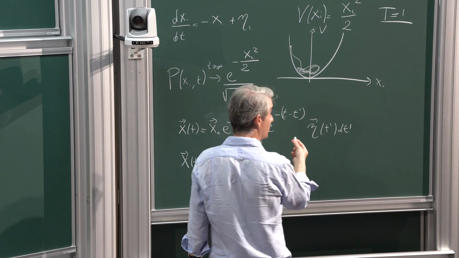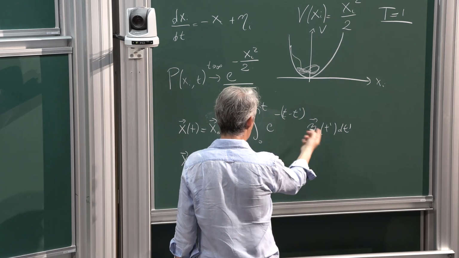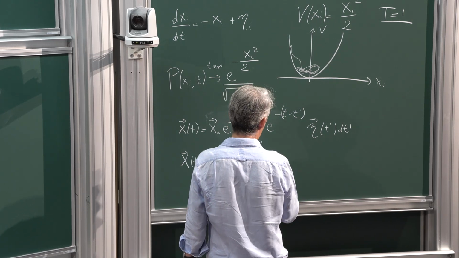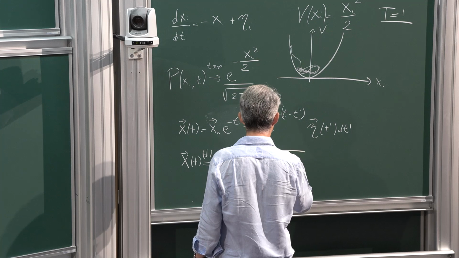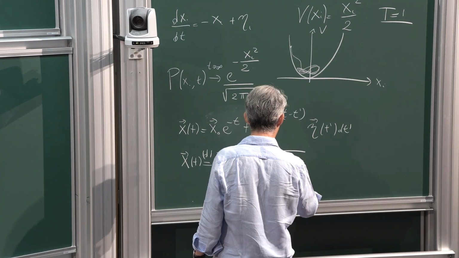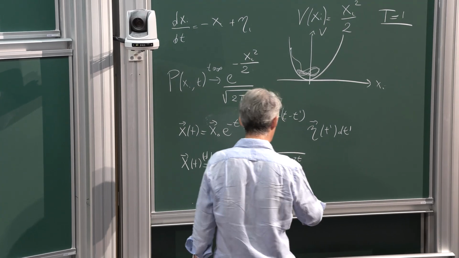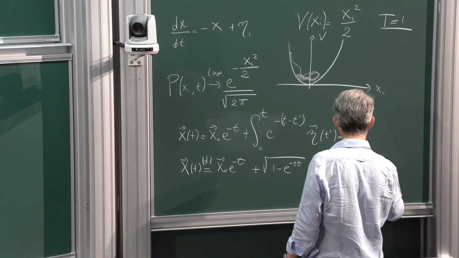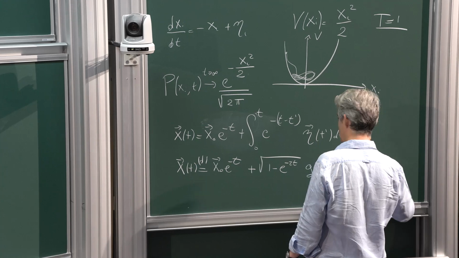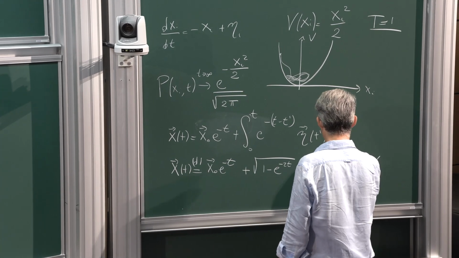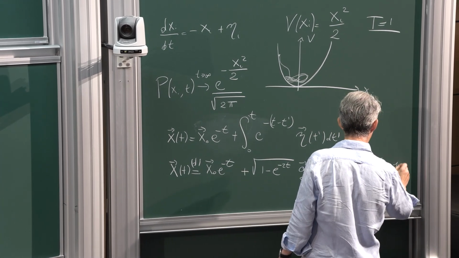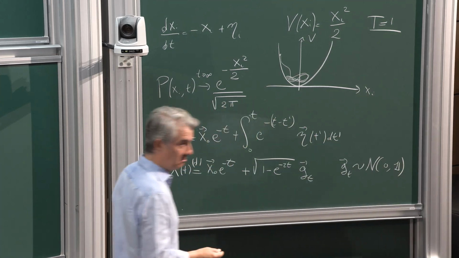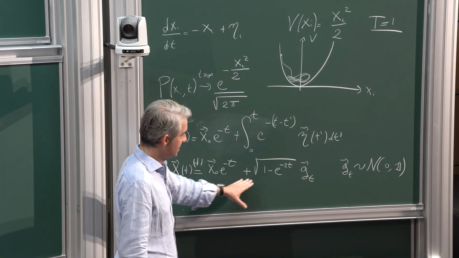The mean is 0, and if you compute the variance, you will see that in distribution this is equal to the square root of 1 minus exponential of minus 2t, times a Gaussian variable g_t, which is N(0,1).